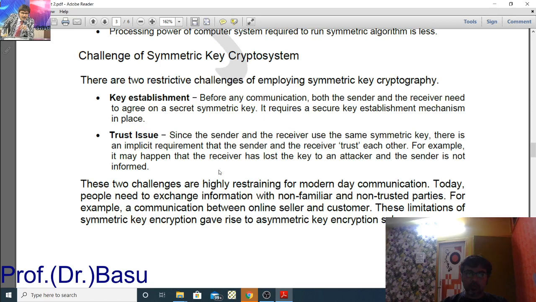The trust issue involves one more thing, which I think is not mentioned over here. See, whenever we are talking about the key, who is the authenticated body to generate this key? That body must be reliable, and must be a government authorized body.